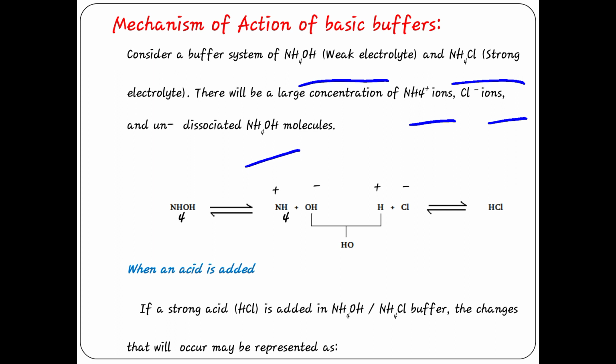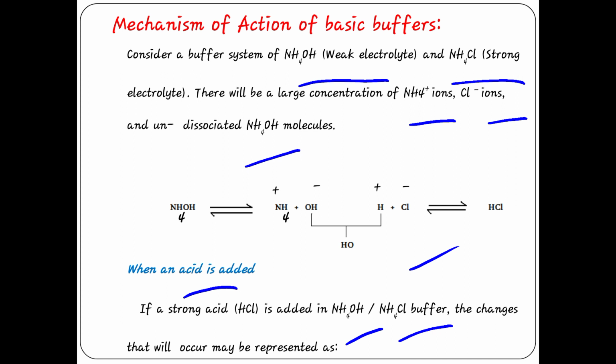Next, the reaction when an acid is added. If a strong acid, HCl, is added to the ammonium hydroxide and ammonium chloride buffer solution, the changes are represented as follows. Ammonium hydroxide dissociates into ammonium ion NH4 plus and OH minus ion.